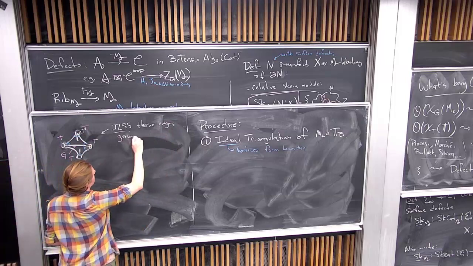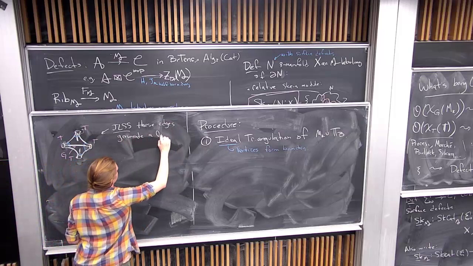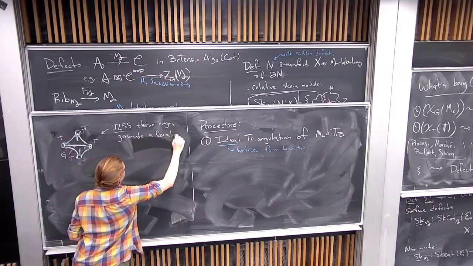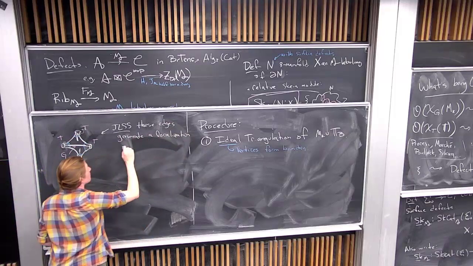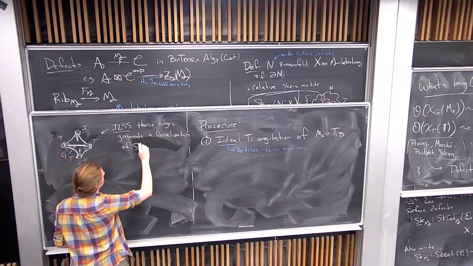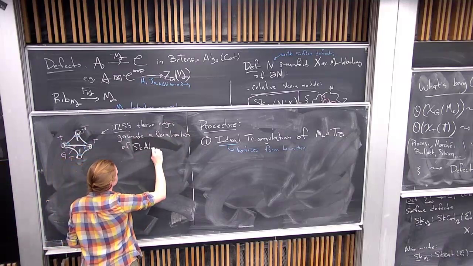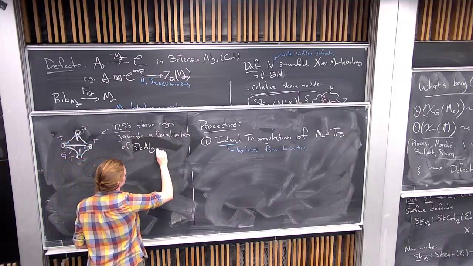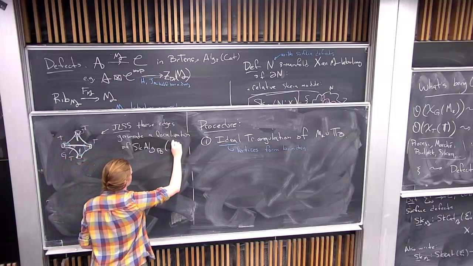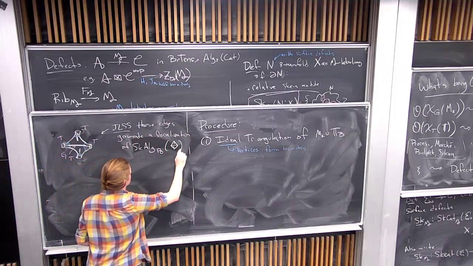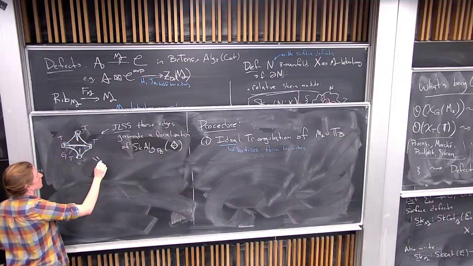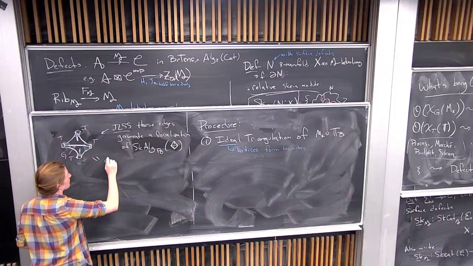These generate a localization of the Skein algebra with these B coefficients in this, of a sort of, I'll just call this thing. This will be my little cartoon for this thing.